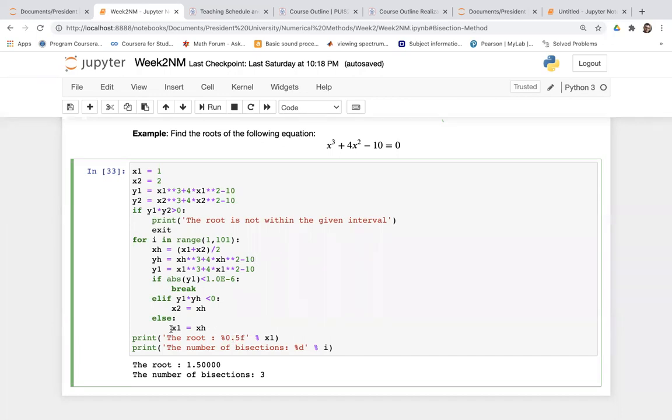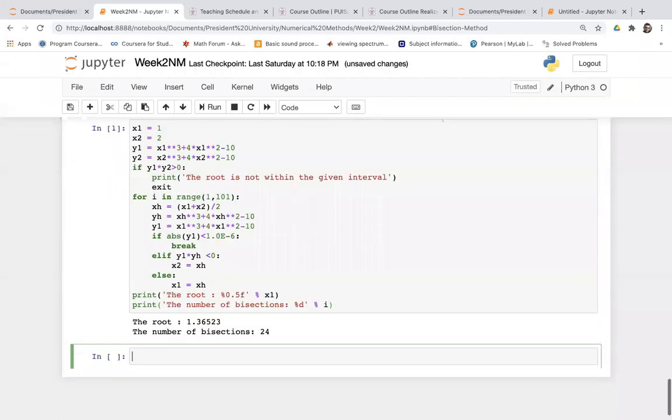And then print the result. Let's check. The root is 1.36523, with the number of bisections being 24, or 24 iterations here.